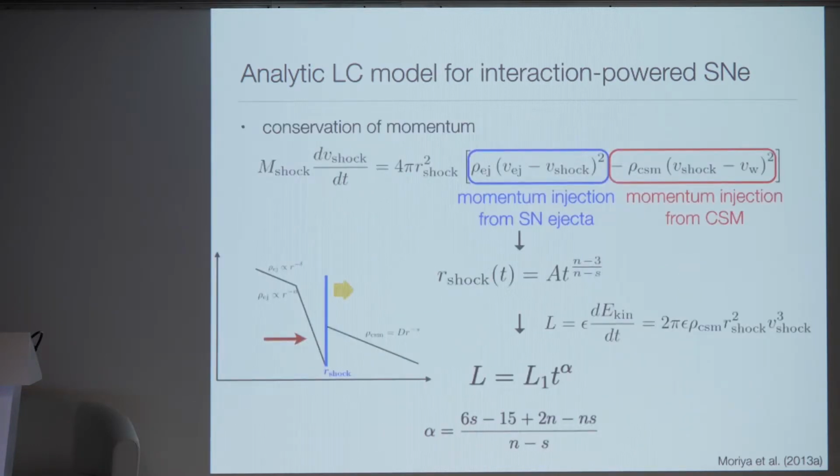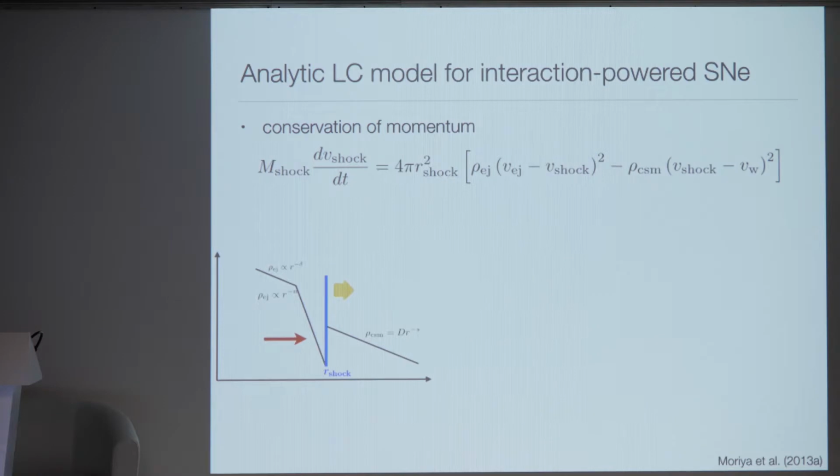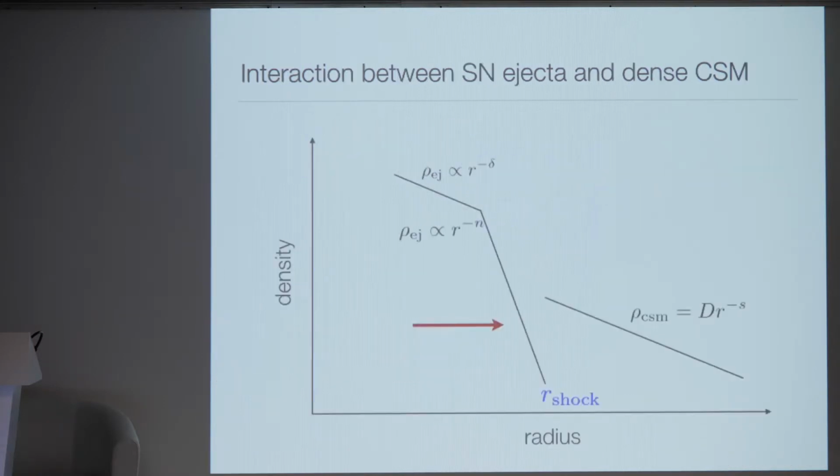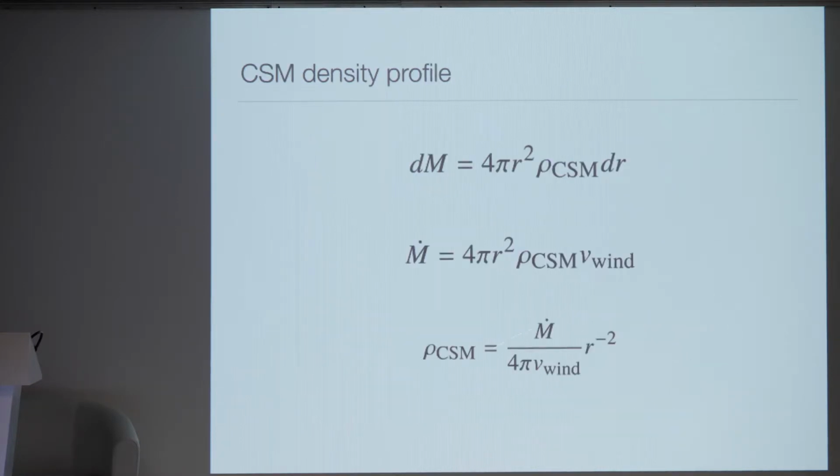So you can get this D basically. Once you get D, that can be translated into the mass loss rate, assuming some wind velocity, and here I assume 100 km per second.